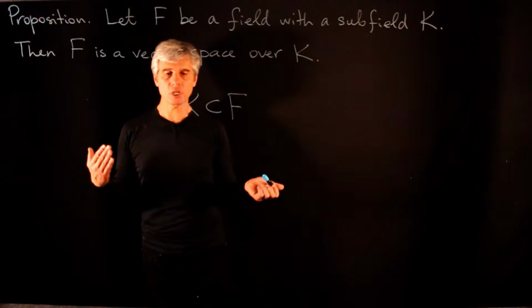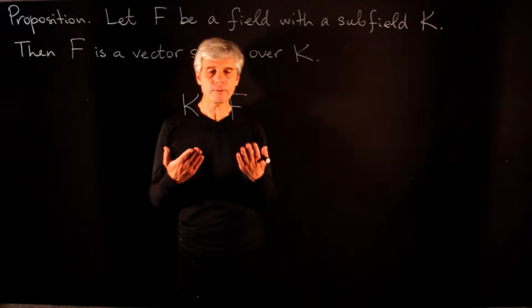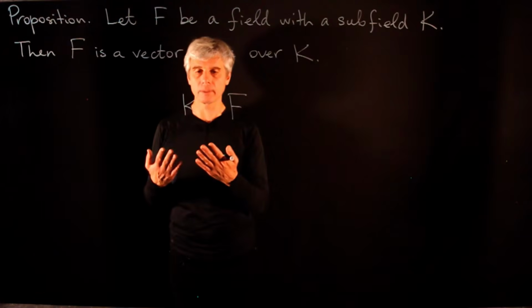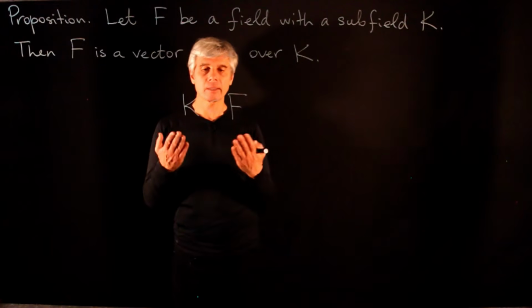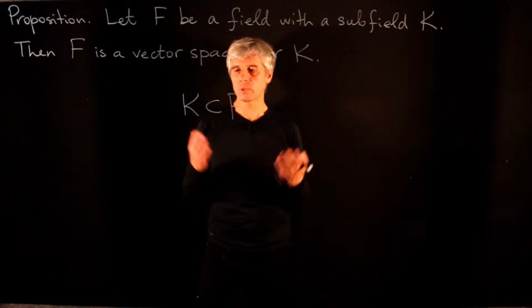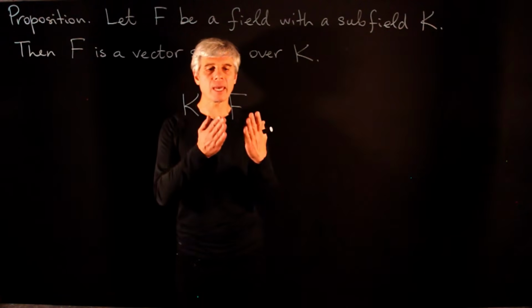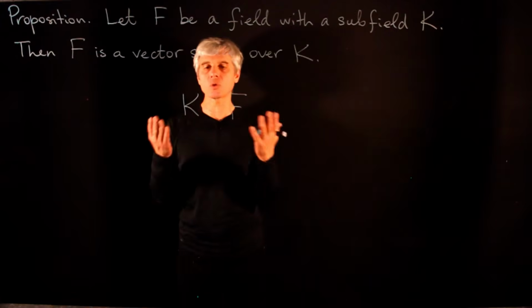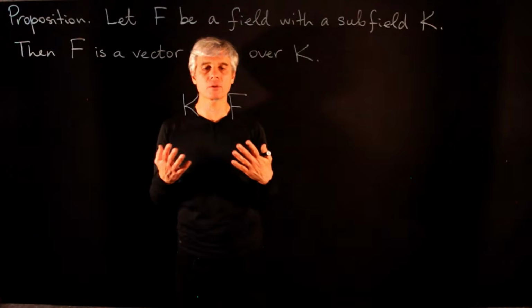Then we need to verify that all axioms of a vector space hold here. And it turns out that these axioms of a vector space will simply follow from the axioms of a field. So the axioms of a field are just stronger than the axioms of a vector space.